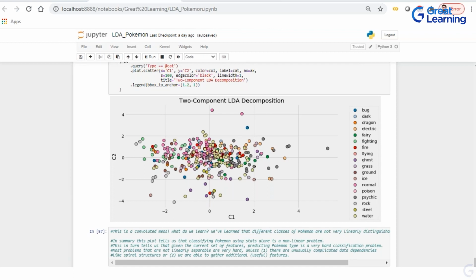But as a conclusion to this particular study from LDA, we were able to conclude that a linear classification of this particular data set is not practically possible, although there are certain important characteristics which are heavily loaded. But still we cannot classify based on a very simple linear transformation. We will have to do a non-linear transformation.